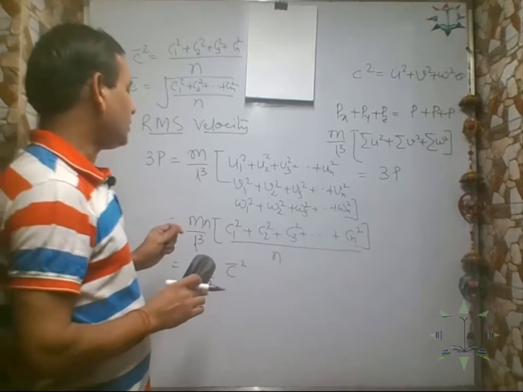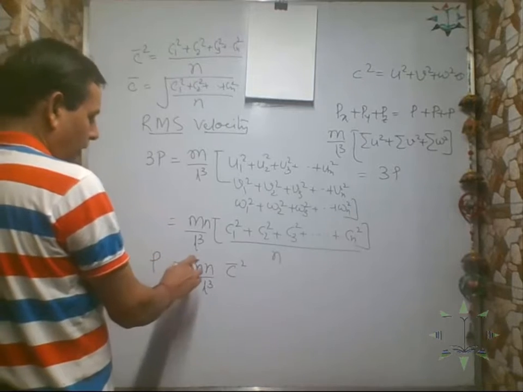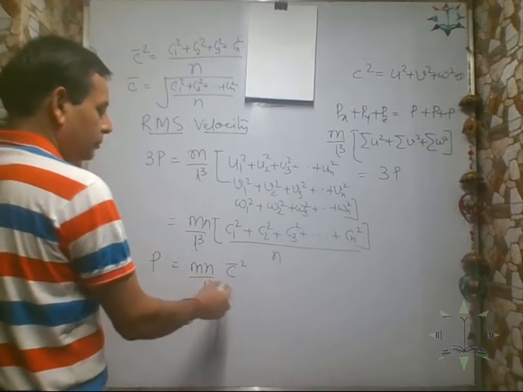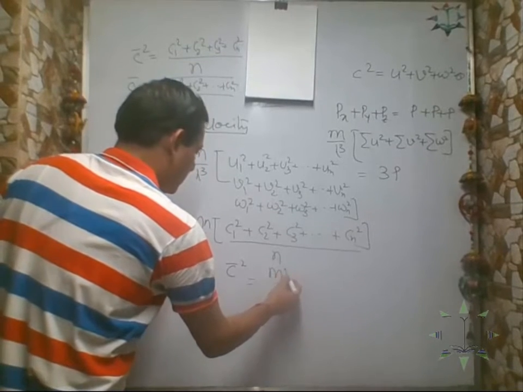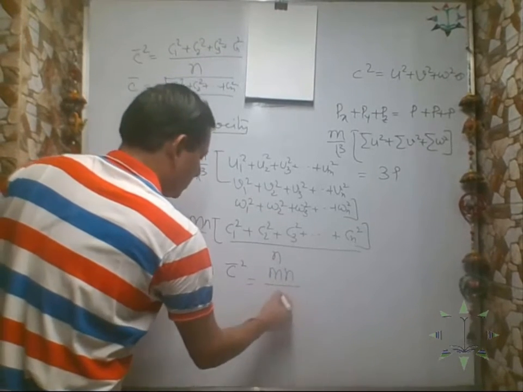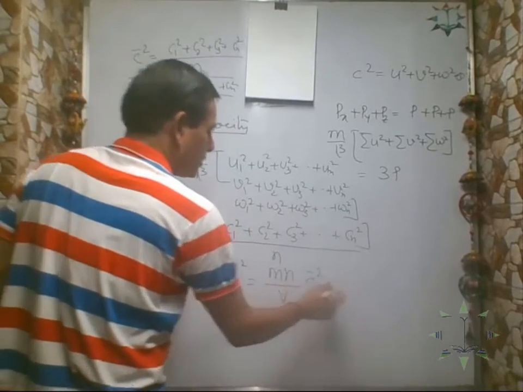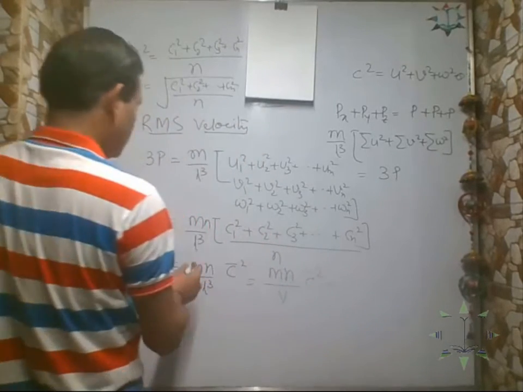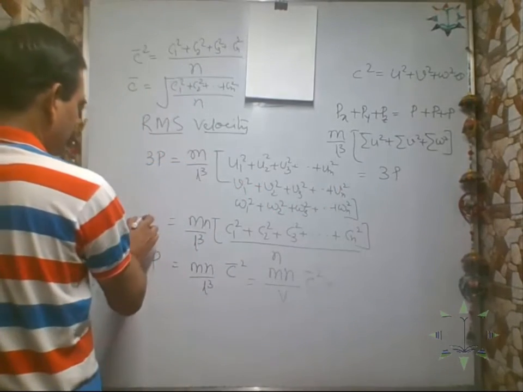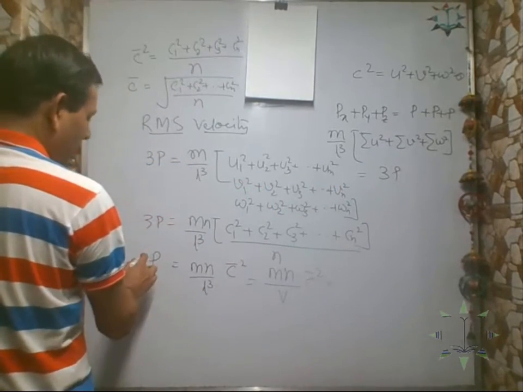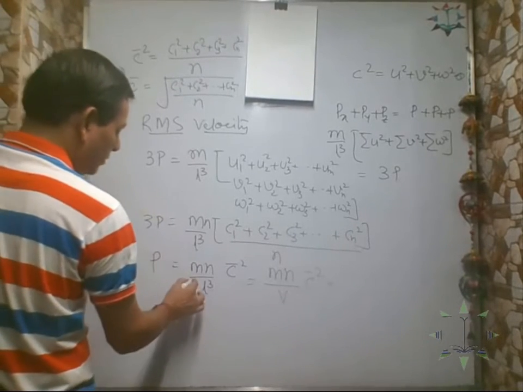Okay. So what is pressure? Pressure equals Mn by L cube. L cube is volume. We can derive it as Mn is the mass of the gas, L cube is the volume of the gas, and mass per volume is density. Acha, one thing I missed out. This was 3p, correct? So if we take p here, then 3 will go there. Okay.